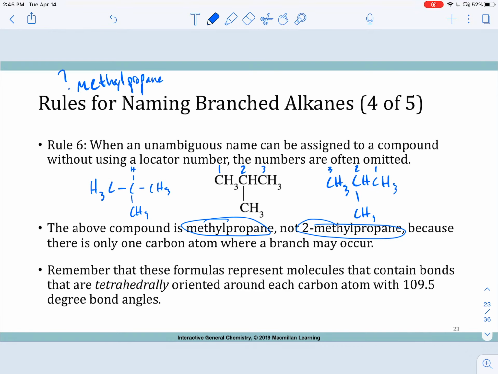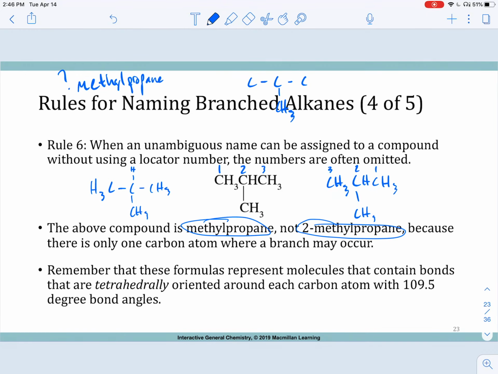Well, if you draw out propane, C, C, C, and then you think, where could the methyl group be? Well, what if I put it on the first position, CH3? I can't put it on the first position because that would actually make this a butane. So that means I have to put it on the 2 position, CH3.